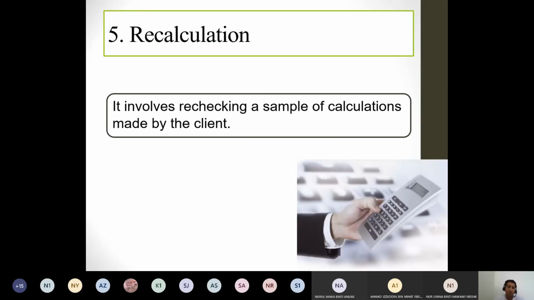Okay, for documentation. Number 5 is recalculation. Normally recalculation involves rechecking a sample of calculations made by the client. So let's say in the financial statement or the ledger, we have a list of accounts, let's say under accounts payable, and they have the total at the end of the list. So we recalculate to ensure the accuracy of the calculation.